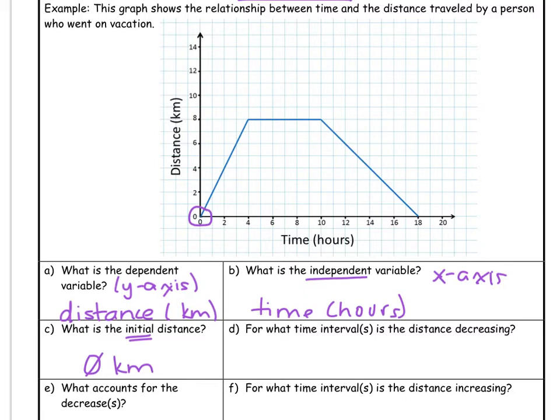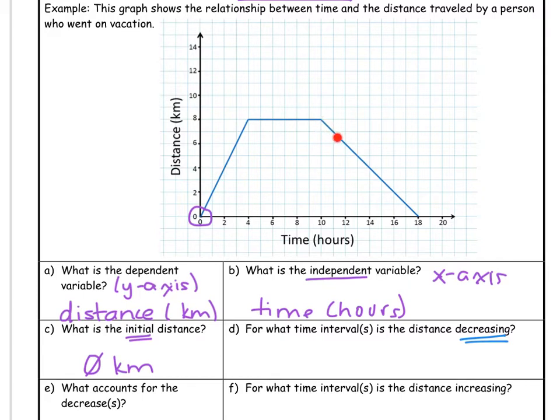Okay, question D, for what time interval or intervals is the graph decreasing? So is the distance decreasing? So if we look at this, it's going uphill. My distance is increasing to 8 kilometers.